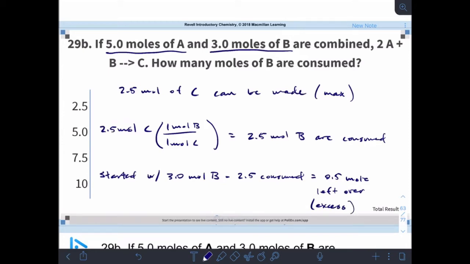The question specifically asked how many moles of B are consumed, and it's 2.5. So that's our first answer right there.